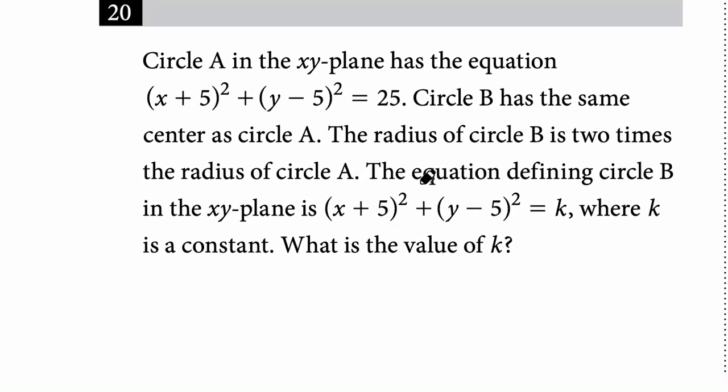Question number 20. Circle A in the xy plane has equation x plus 5 whole squared plus y minus 5 whole squared is equal to 25. Okay.